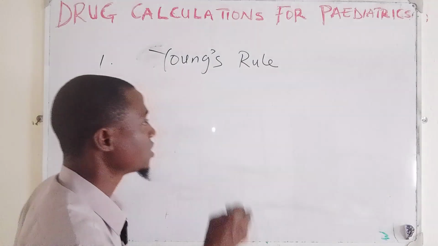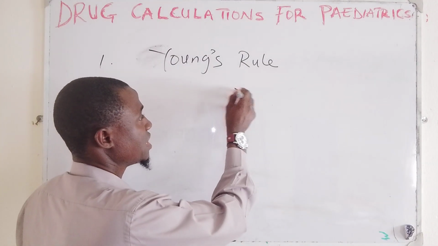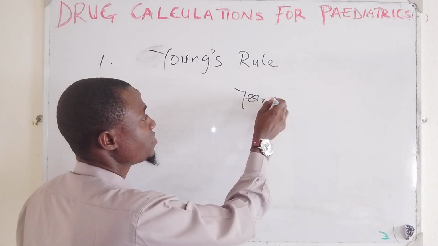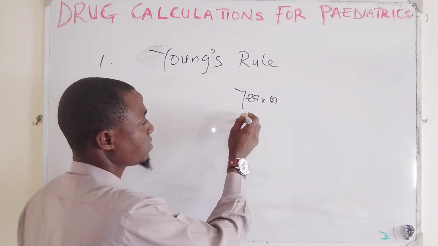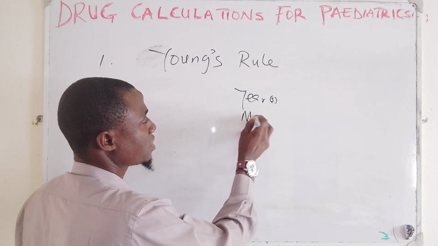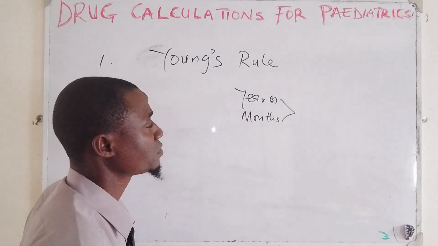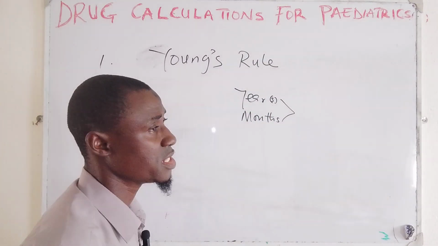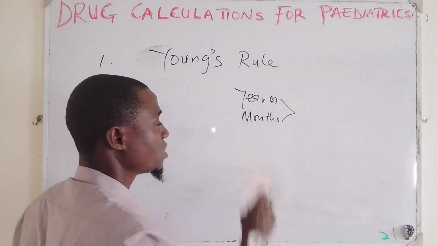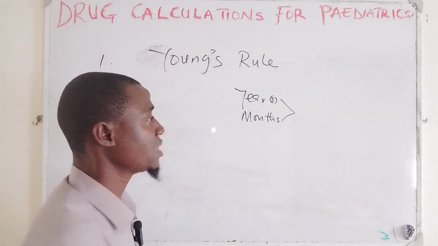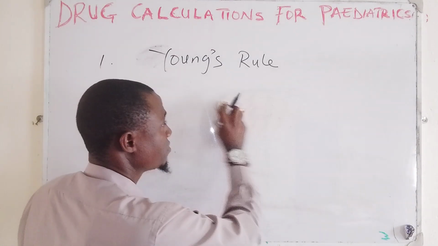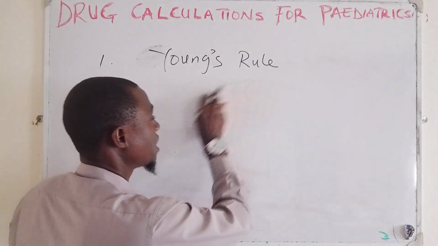So either it talks about the age in year or years, as the case may be, or it talks about the age of the child in months. So these age-based rules either deal with the age in years or with the age in months. We have just three of them that have a connection with age.